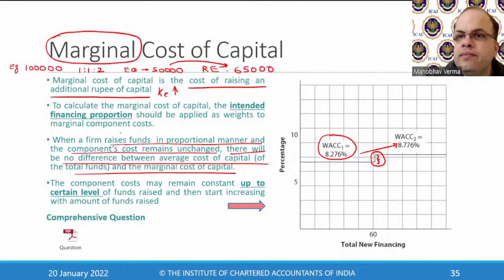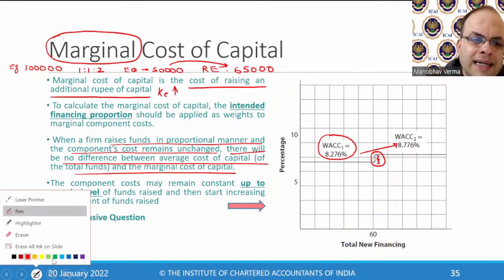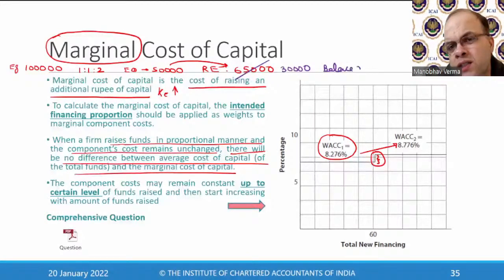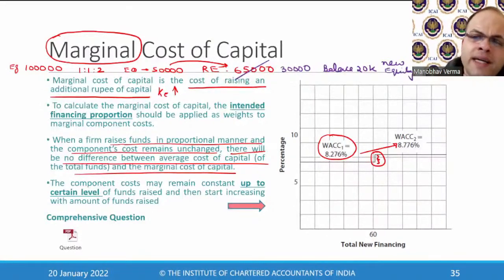However, let us assume that in this case, instead of 65,000, my retained earnings were only, let's say, 30,000. In the same example, that means the balance 20,000 will be coming from new equity.